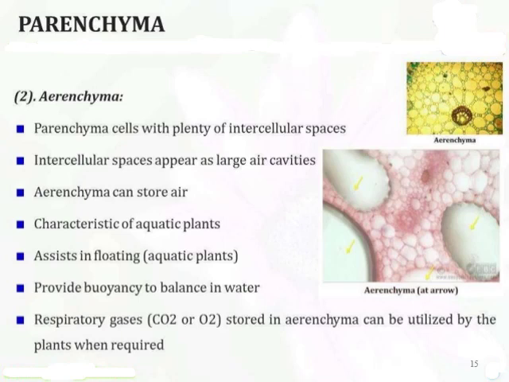So it helps the aquatic plant in floating, and the floating of such plants occurs by the phenomenon of buoyancy. Respiratory gases are stored in aerenchyma that can be utilized by the plants when required.